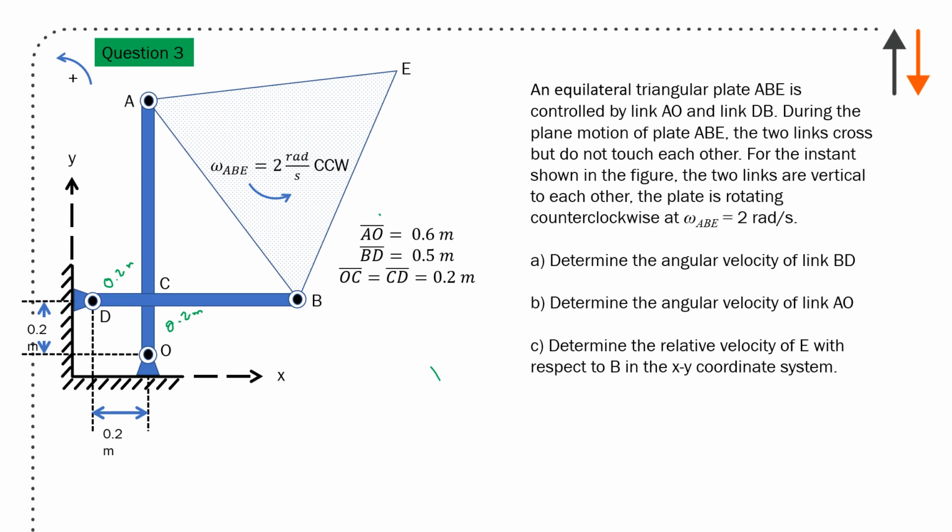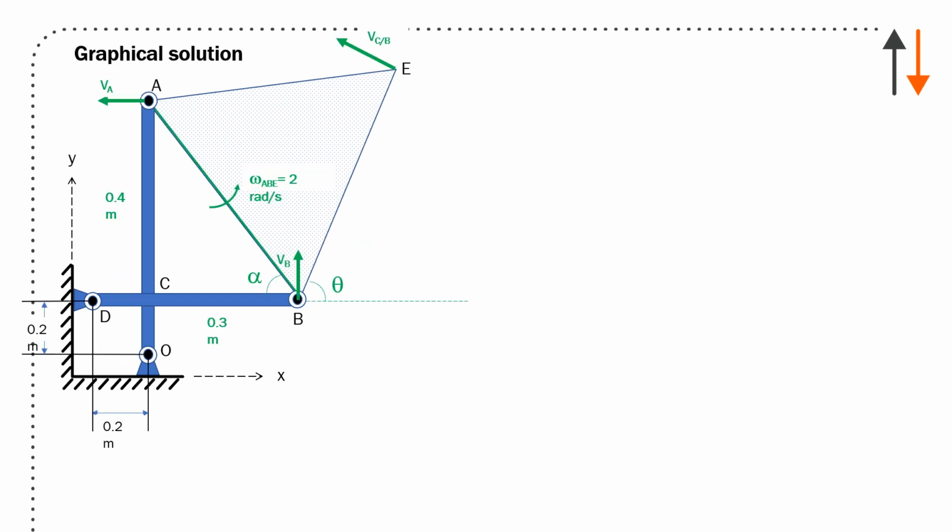You have these distances here, which are given to you, 0.2 meters for OC and CD. You have BD and BC, or AO, which are given as 0.6 meters and 0.5 meters. All of the coordinate directions are given, and we can start doing some things. Now, in this diagram, you'll notice that I have immediately placed in it a direction for the velocities.